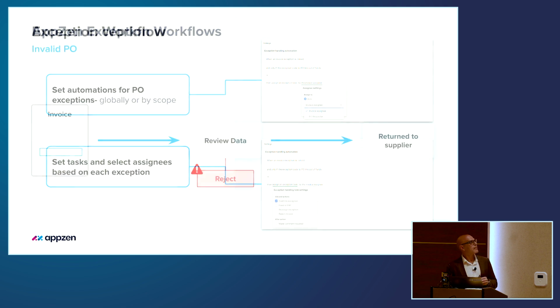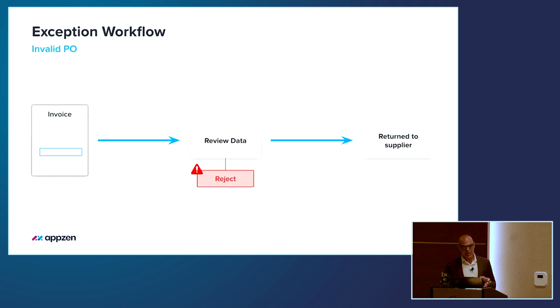Cool. All right, so I wanted to walk through an example of, let's say, an invalid PO and how that would work in the system and process autonomously. So what we have here is PO not found, triggered an exception, goes into review data. Review data is a status that invoices exist in the system. The AP processor is given the option to reject.